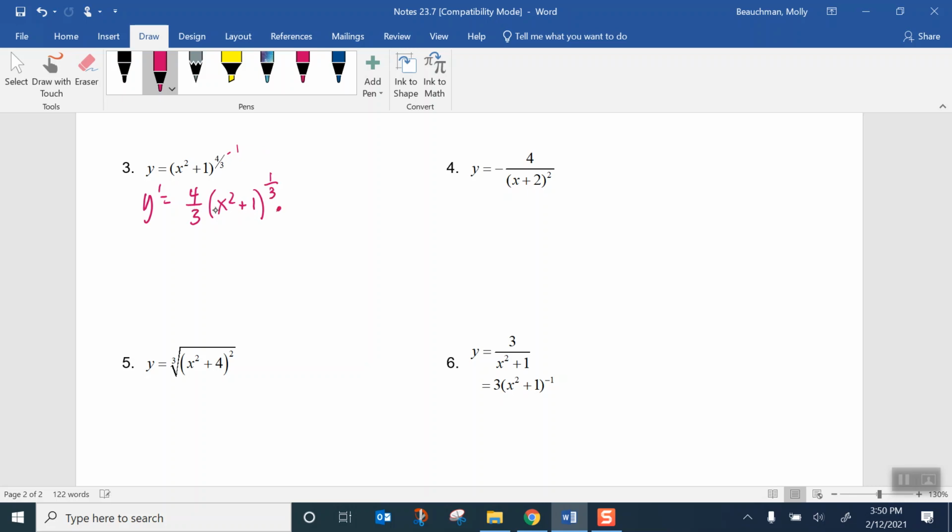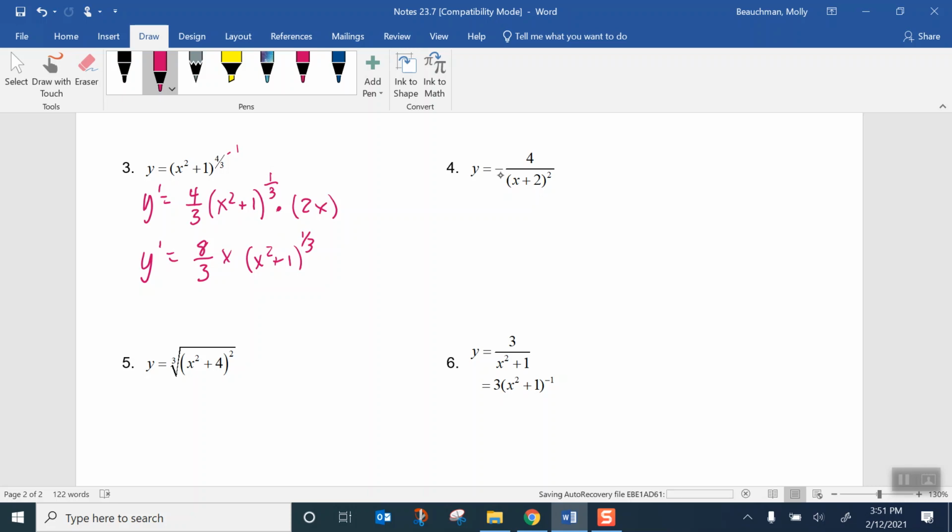Then times the derivative of the expression on the inside. The derivative of x² + 1 is 2x. Then simplify the expression, multiply 2x times 4/3. We get 8/3 x times (x² + 1) to the power of 1/3.